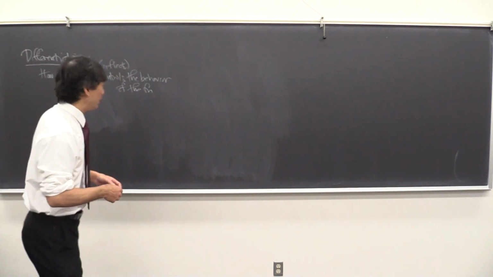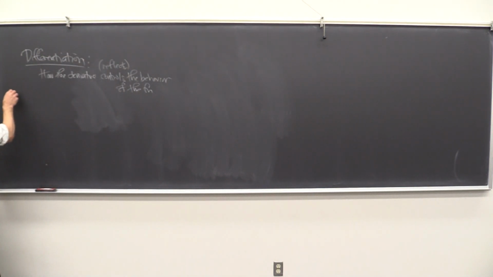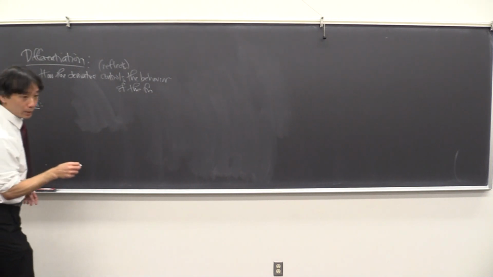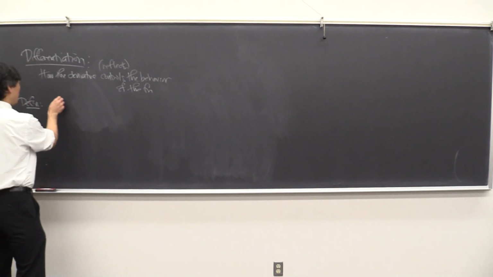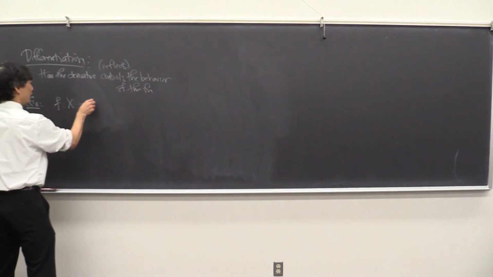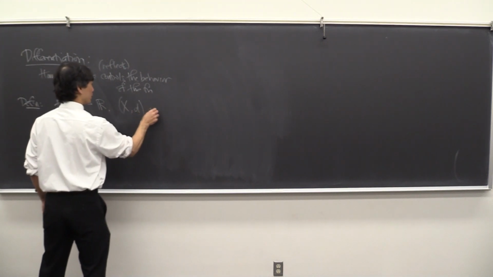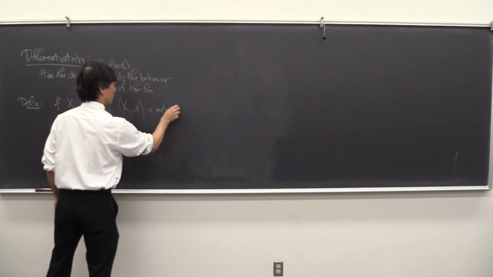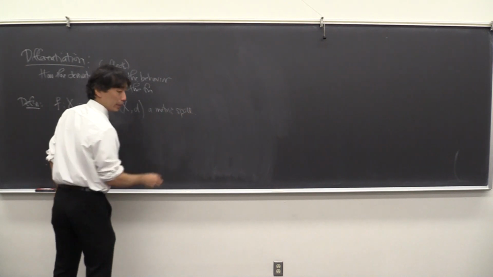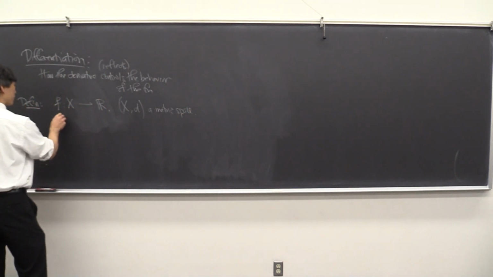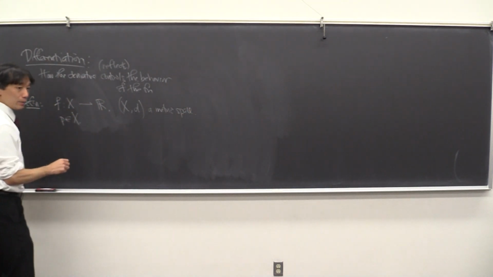Okay, so let's get some definitions. First off, you have some function where X is a metric space, and you have some point in the metric space.